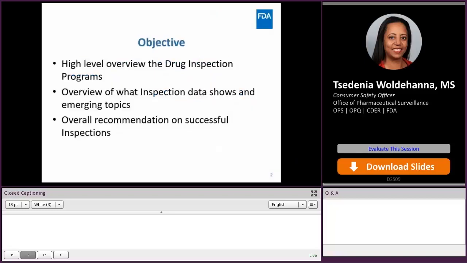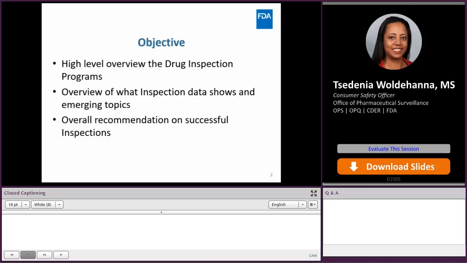The objective for this presentation is to give you a high-level overview of the drug inspection programs, an overview of what inspection data shows, and emerging topics utilizing our text analytics projects that we have currently ongoing in the Office of Quality Surveillance, and also provide you an overall recommendation on successful inspections.